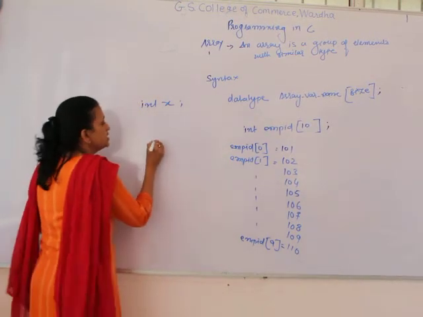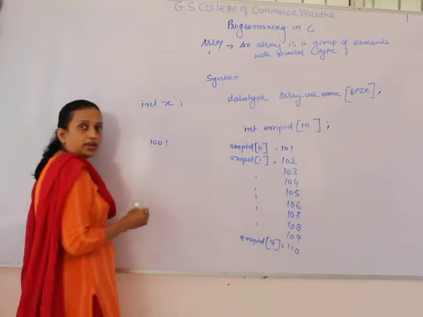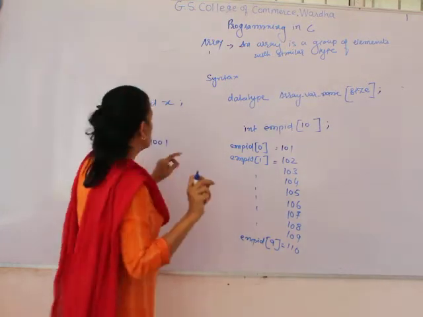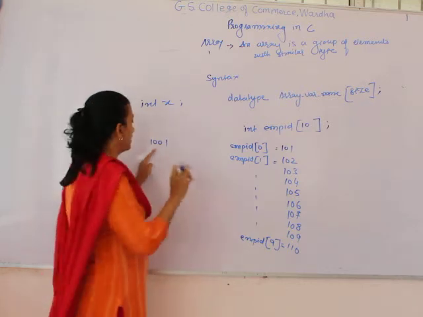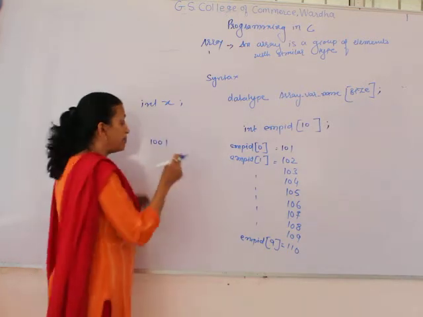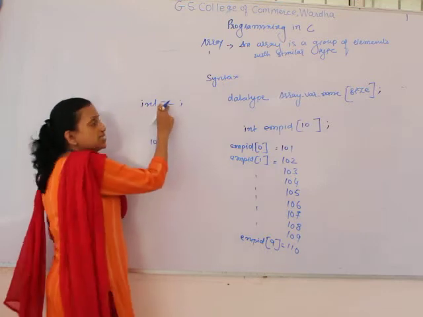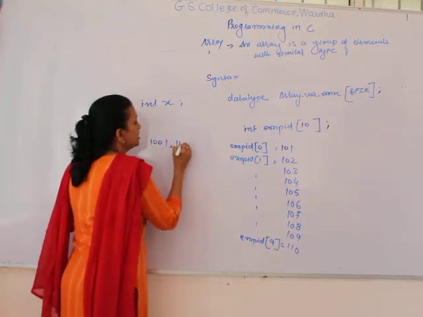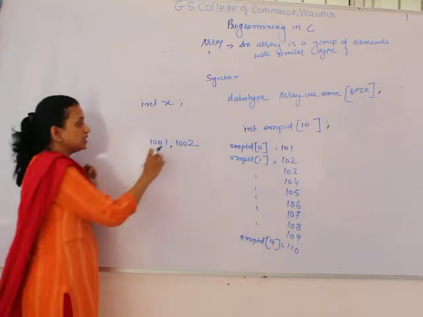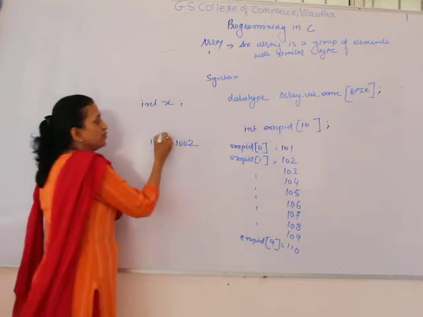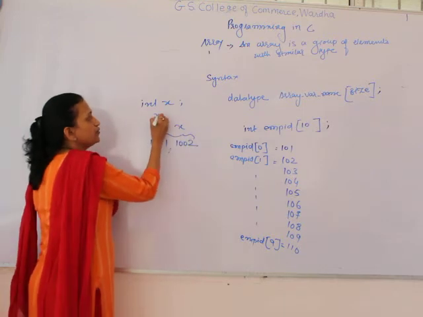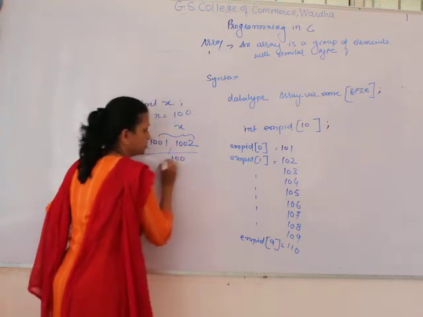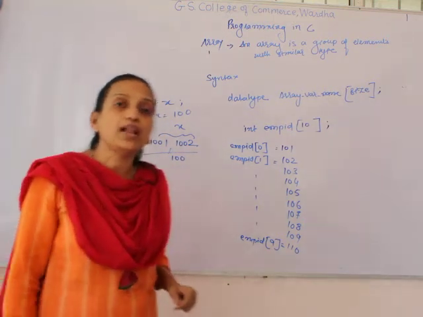Suppose there is one address 101, and you know it occupies 2 bytes in memory. The compiler will assign 2 bytes to this variable x, that is 101, 102. These 2 bytes are assigned to variable x, and whatever value you assign to the variable will be stored in that place. But in the case of an array, what will happen?